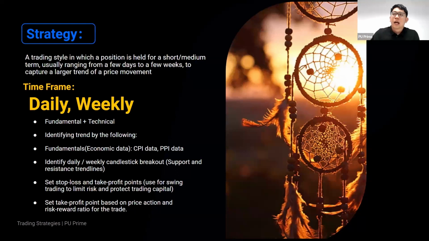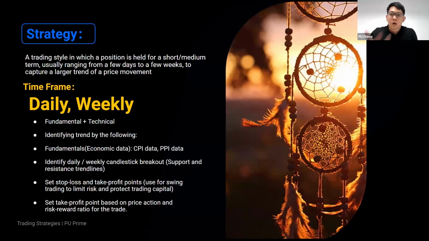Okay, because with this kind of strategy, you will use a little bit of the fundamental. So we have to know a bit of the news. We have to focus on macroeconomic events and see what economic data is going to be released, who is going to give a speech, give a talk.